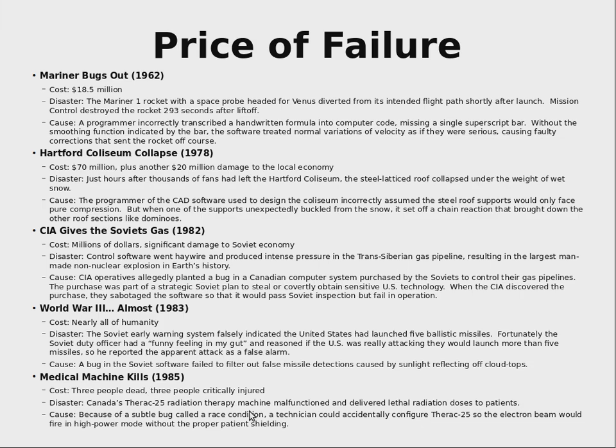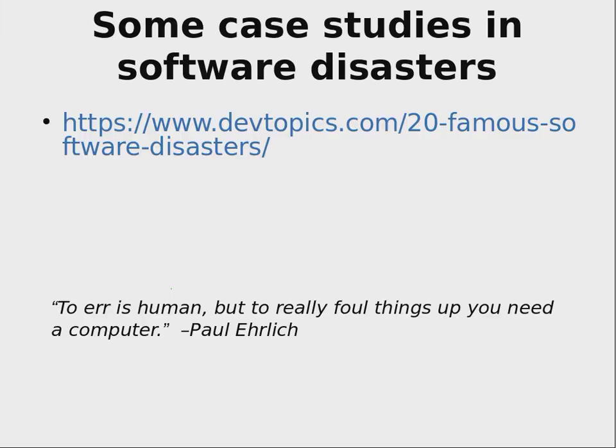If the operator of this equipment was very experienced and typed on the keyboard very fast, then they actually typed faster than the device could respond, and so it went to wrong settings, and a few of these patients got a much bigger radiation dose for their therapy and actually died. So that's about it. And as one person said, Paul Ehrlich, to err is human, but to really mess things up you need a computer, and probably a computer connected to the internet.